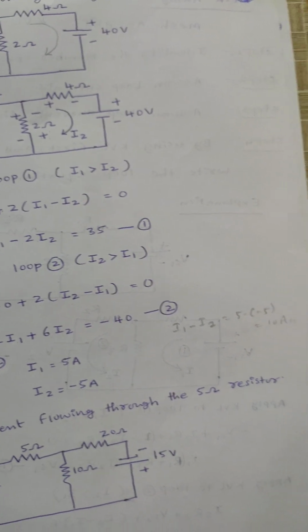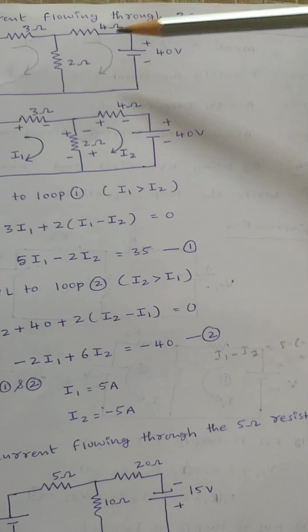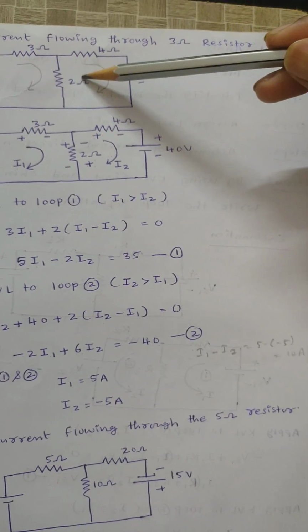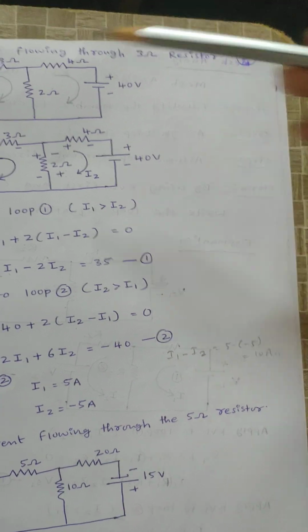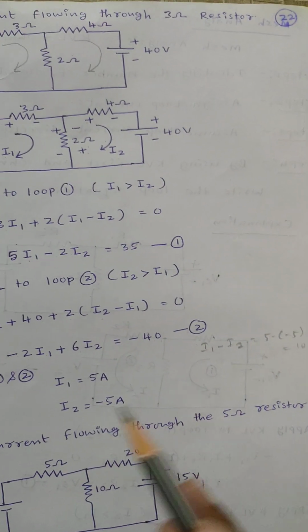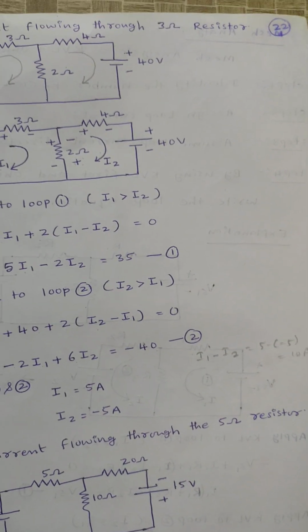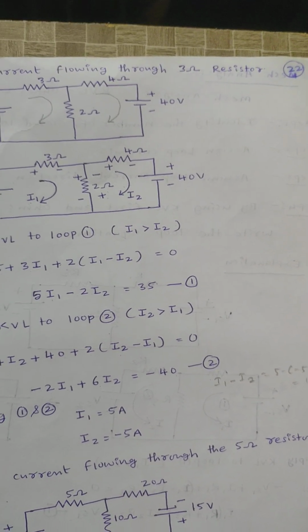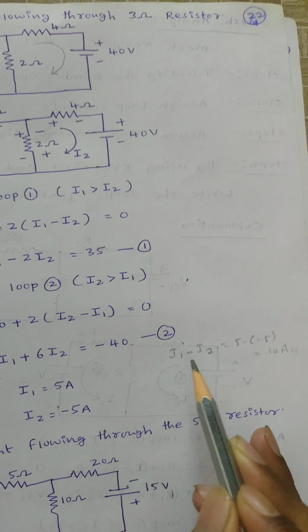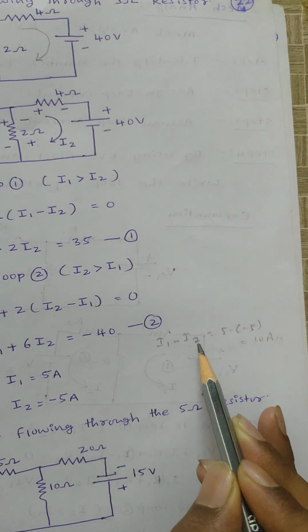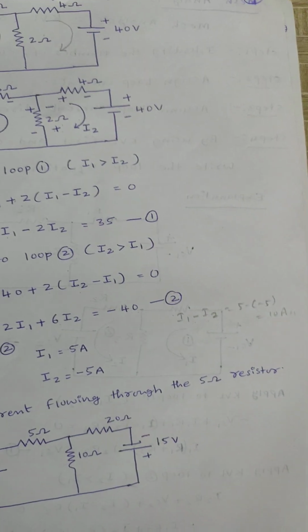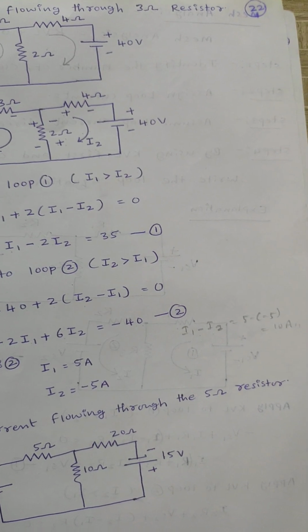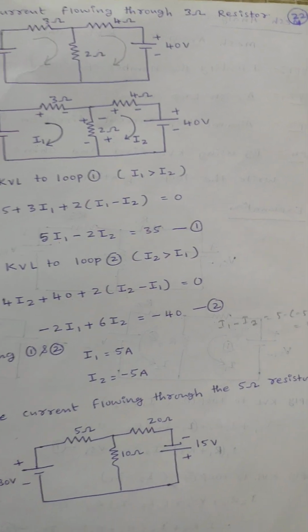A positive value is what we want, so the current flowing through the 2 ohm resistor is I1 minus I2. If you consider I2 minus I1, that is negative. A negative current indicates the assumed direction is reversed. Hence the current flowing through the 2 ohm resistor is I1 minus I2, always a positive value only. Next problem.